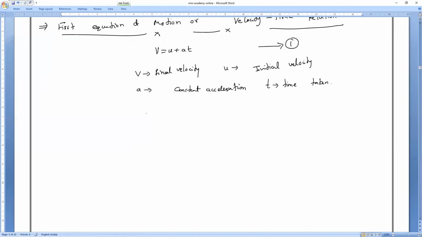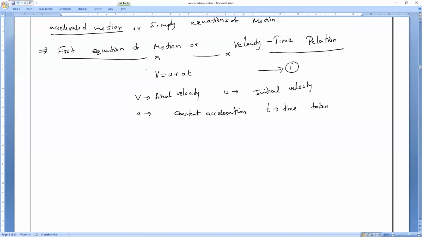Next, second equation of motion. So first equation, V equals U plus AT, is the velocity time relation. In the velocity time relation, we can find the final velocity, initial velocity, acceleration, or time.